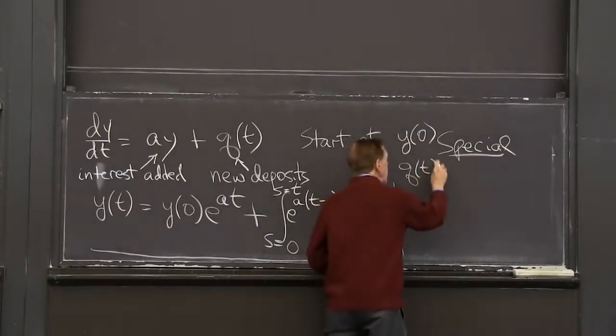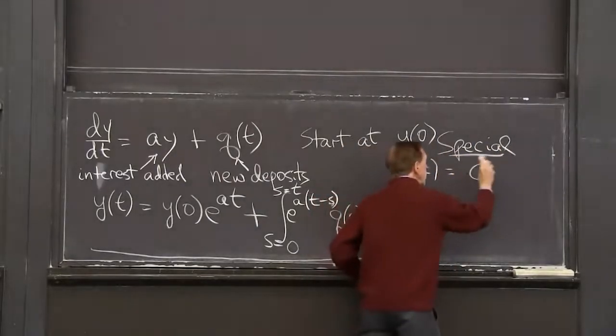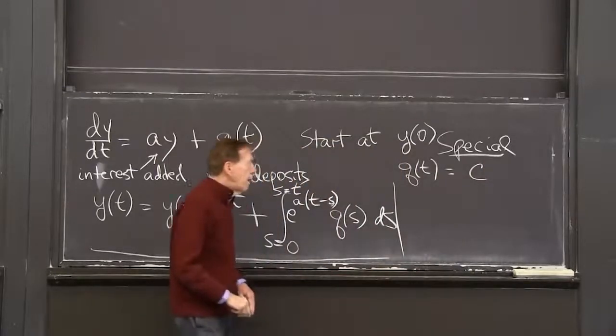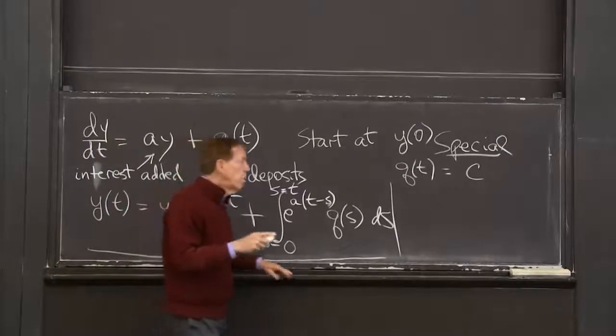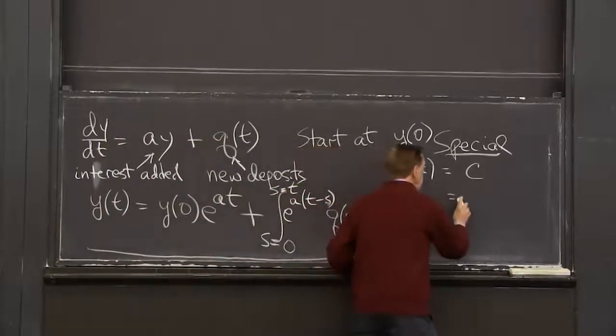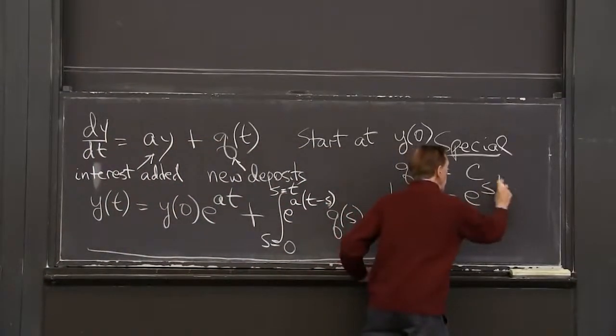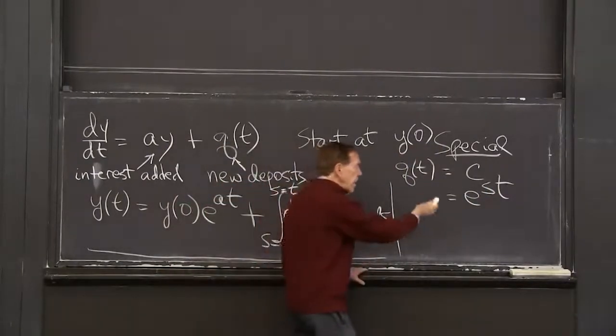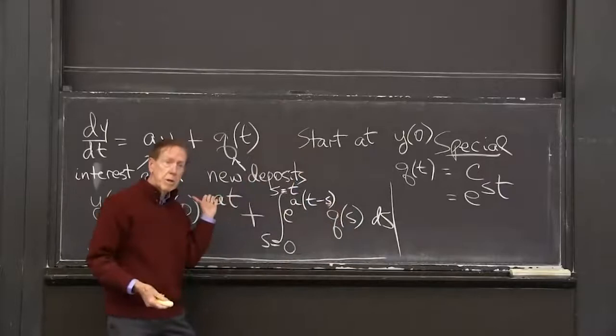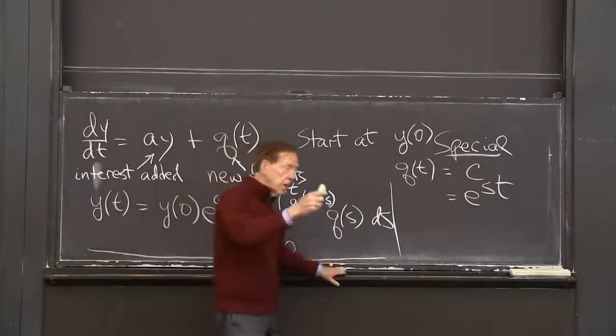So we started with, these were specially nice, you could say, q of t equal a constant. That was the first video. Then we did q of t equal an exponential. That was the second one, and then we found the exponential response. Then I did oscillation.